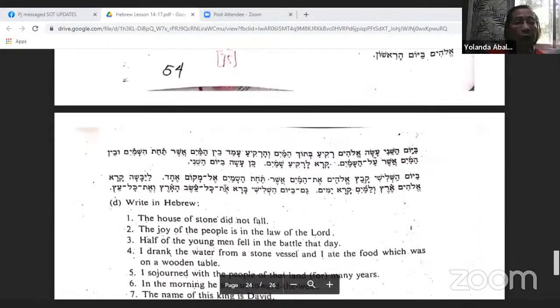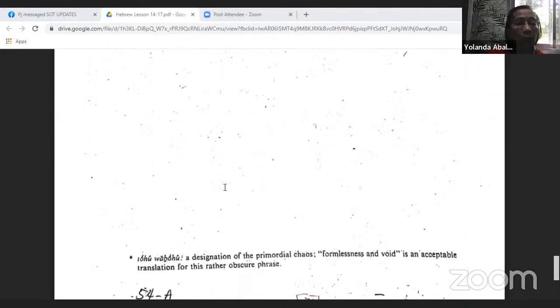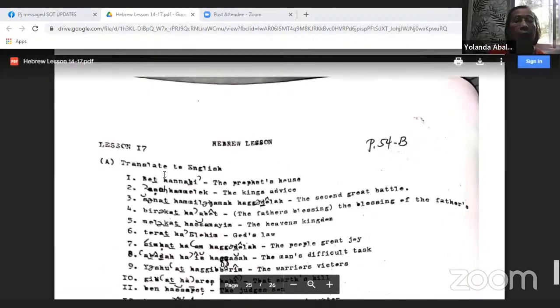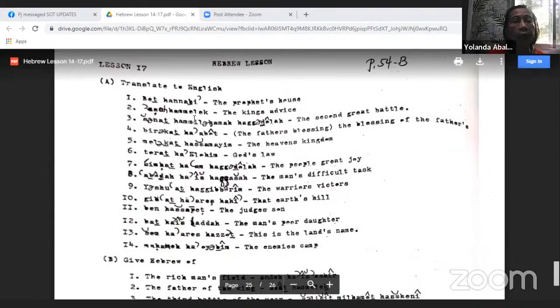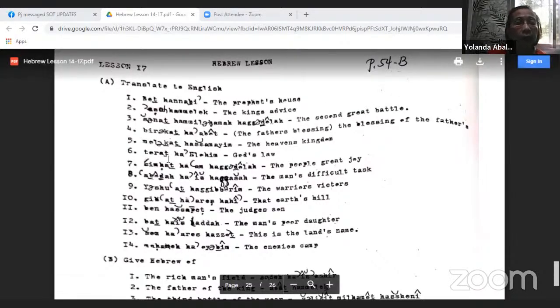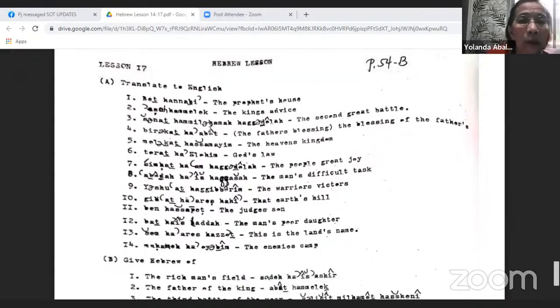Meron akong ginawa niyan dito. Yan. Beth Hanabi, the prophet's house. Icha Amelech, the king's advice. Shenat Hamelkama Hagdullah, the second great battle.